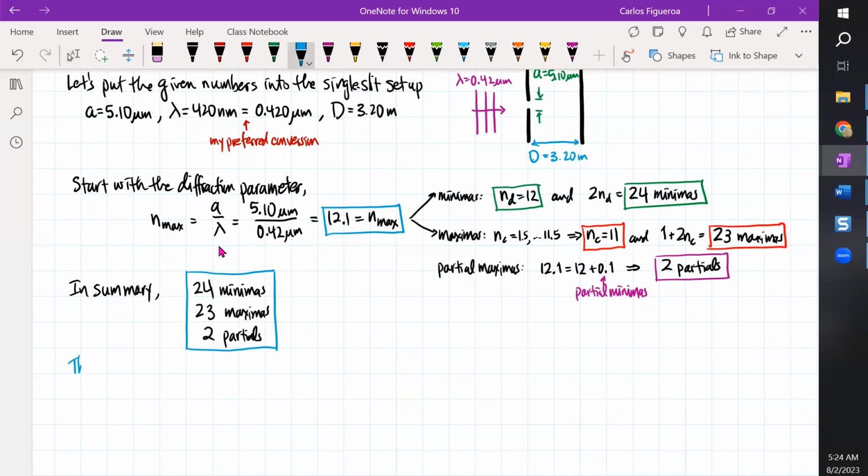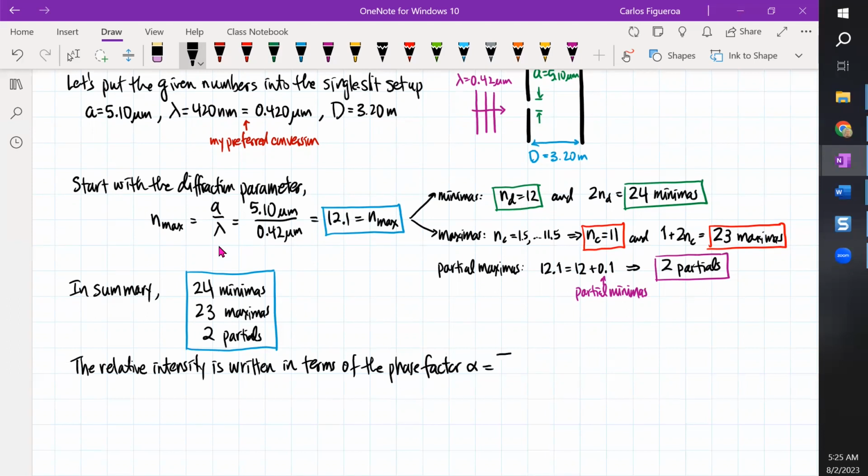So the relative intensity is written in terms of the phase factor alpha.